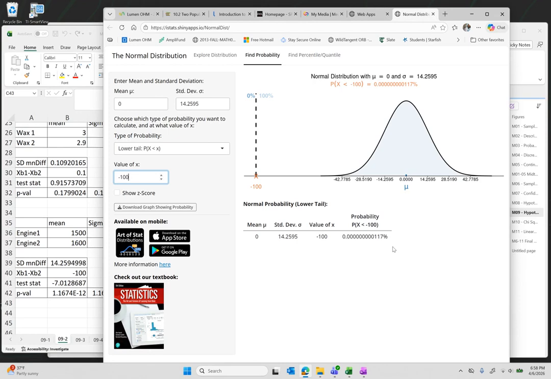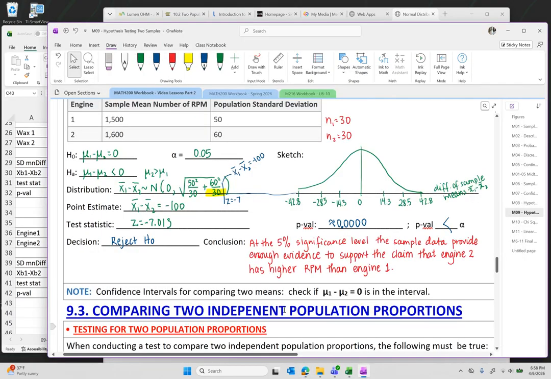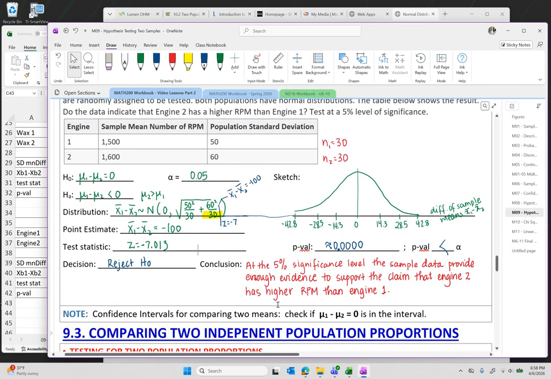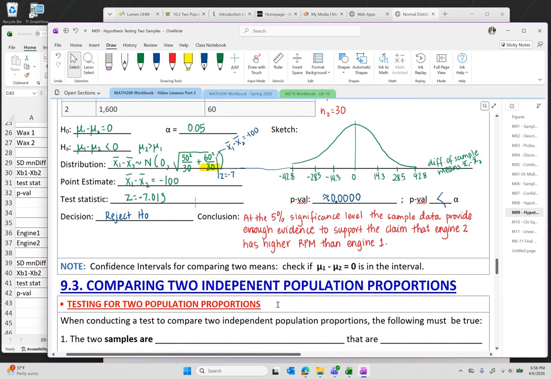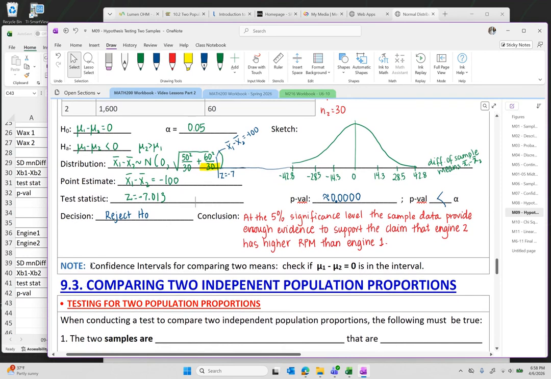So our calculations in Excel are correct and they agree with Art of Stat. As a reminder, for this particular section 9.2, we have a hypothesis test that compares two means of two independent populations, and the null hypothesis will always be, for our course, that the difference between the two means is equal to 0.